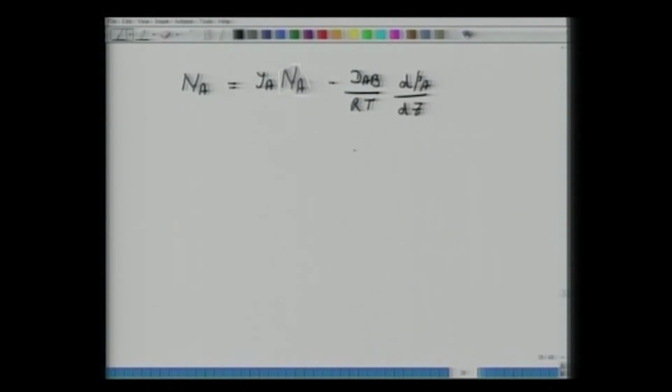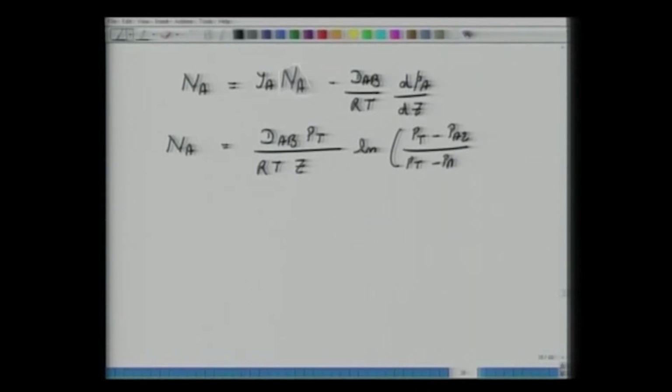One can integrate these equations, but we have already integrated our previous expressions to obtain Na as Dab total pressure over RT Z ln of (Pt minus Pa2) over (Pt minus Pa1). This Z is the diffusion length.